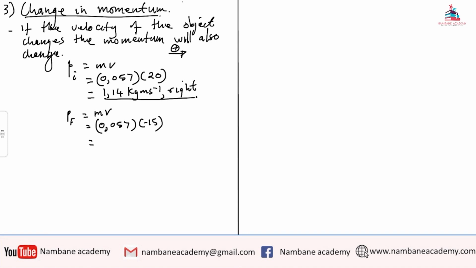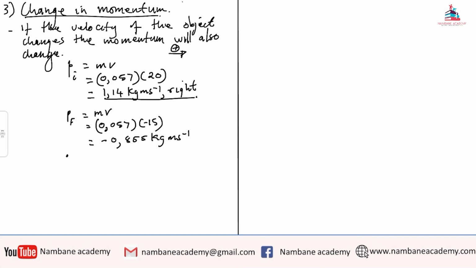So 0,057 multiplied by 15 will give me something like negative 0,855 kg meters per second. There's a rule of thumb that says you must not leave your answer as negative.